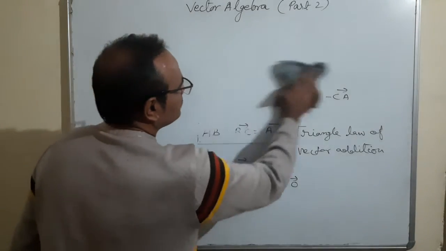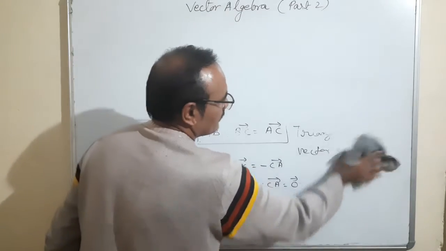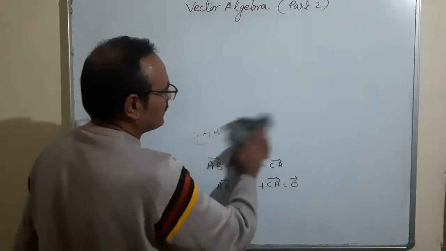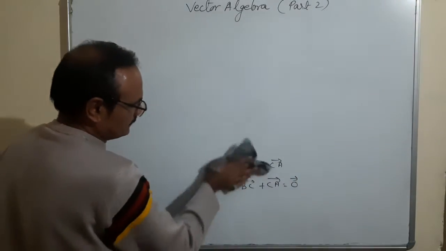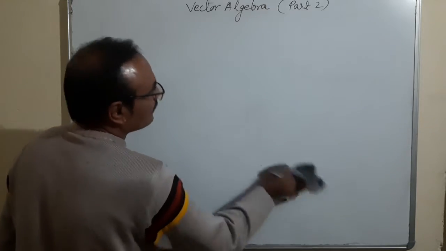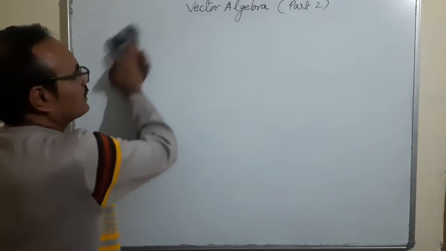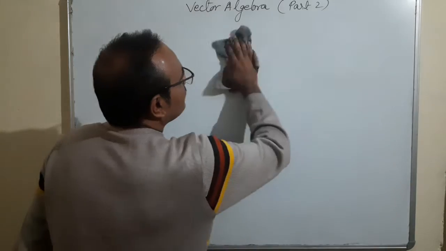Next one is vector addition by the parallelogram rule.